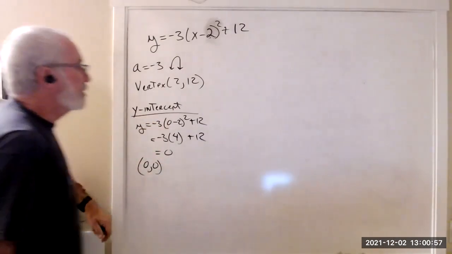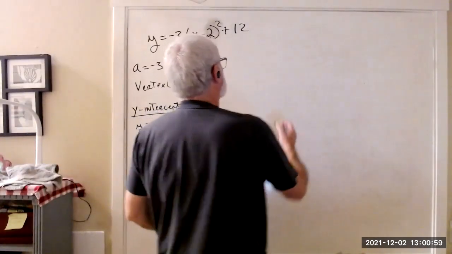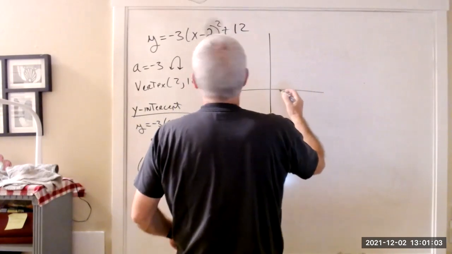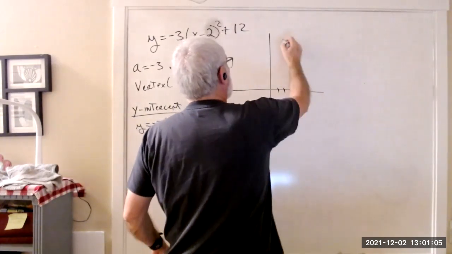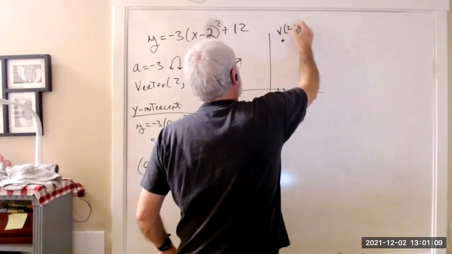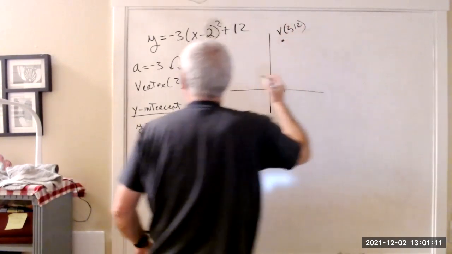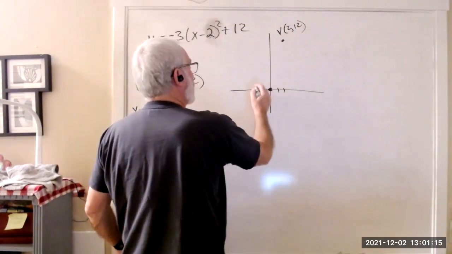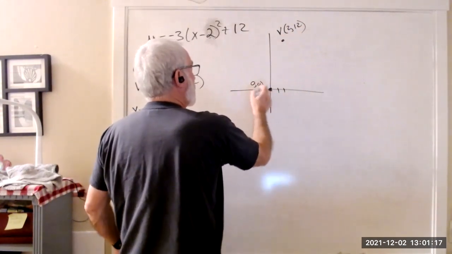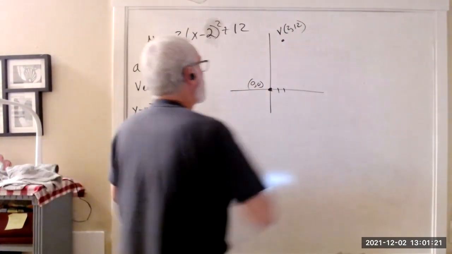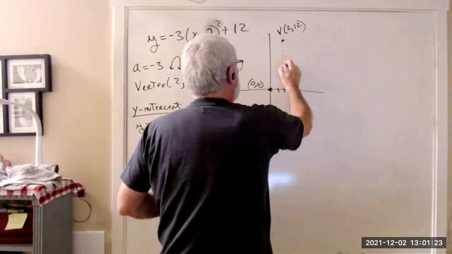Okay, let's see what that graph looks like. Okay, 2, 12, somewhere up here. Big V for vertex, 2, 12. Okay, the y-intercept is right there at 0, 0. I have an axis of symmetry that goes right down the middle.